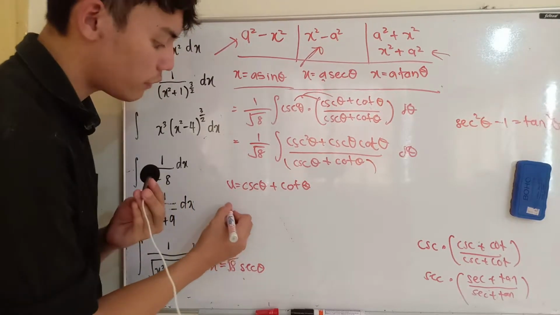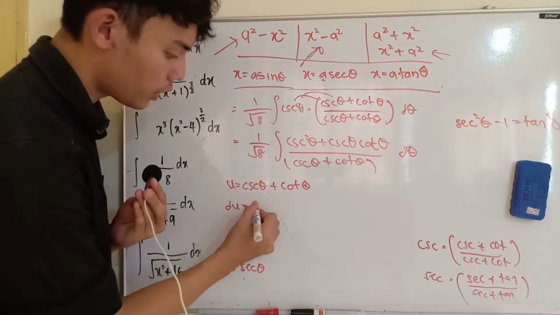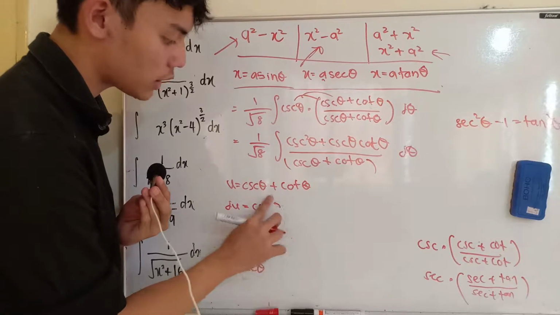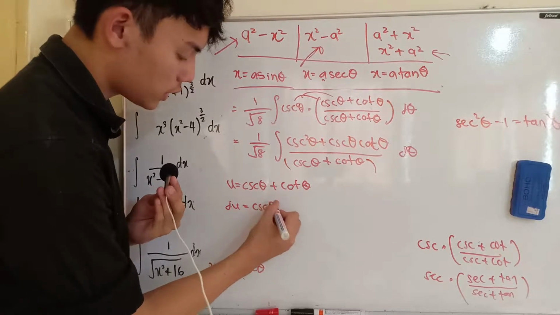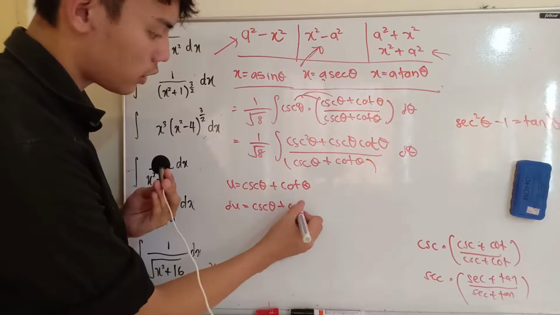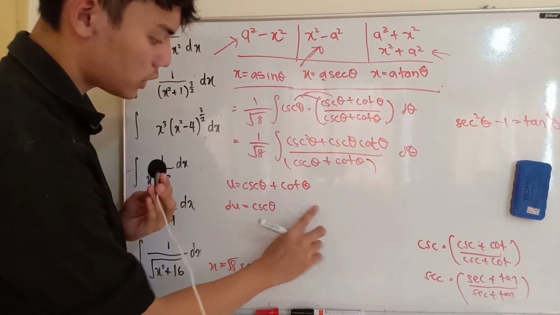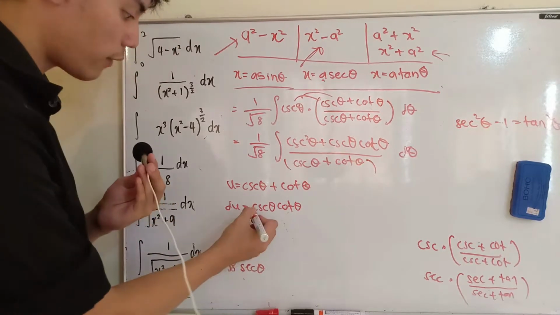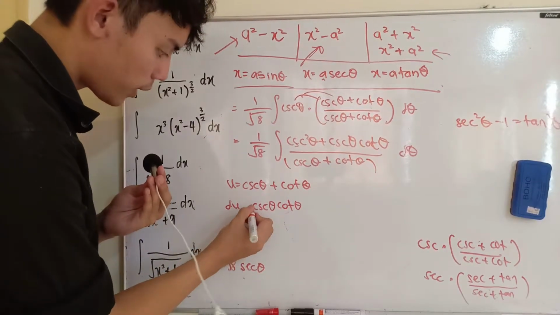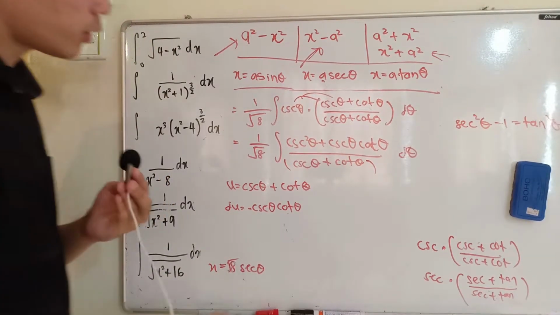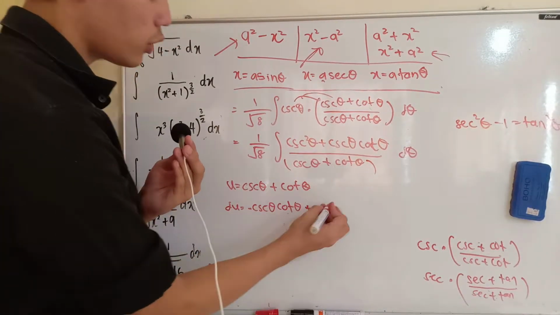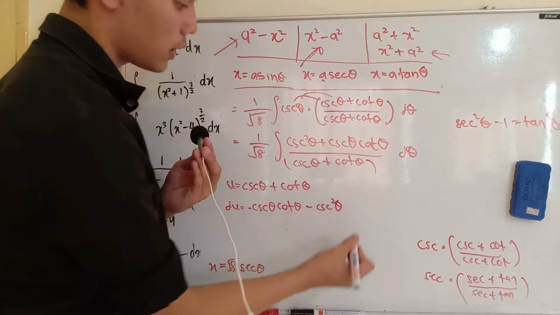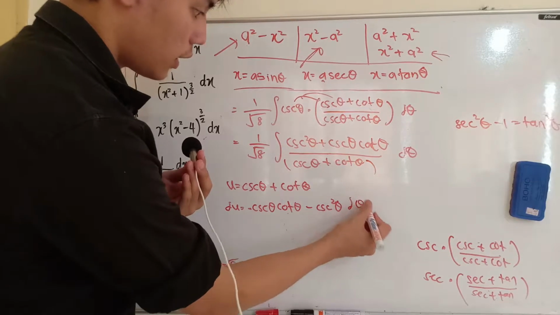So after that, you're going to differentiate it. du equals: differentiating cosecant theta gives minus cosecant theta cotangent theta, and differentiating cotangent gives minus cosecant squared theta d theta.